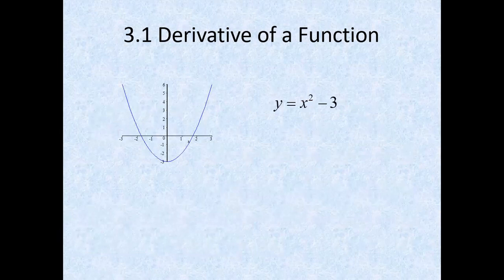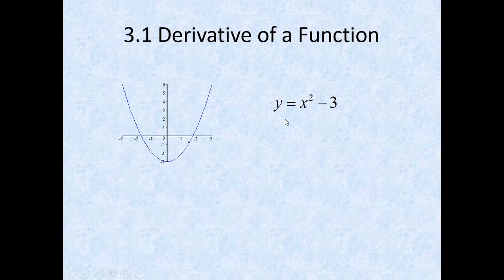We have a function where y equals x square minus 3. As we see, this parabola is a graph shifted down by 3 units.